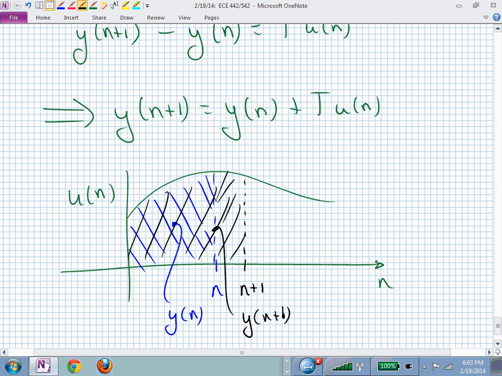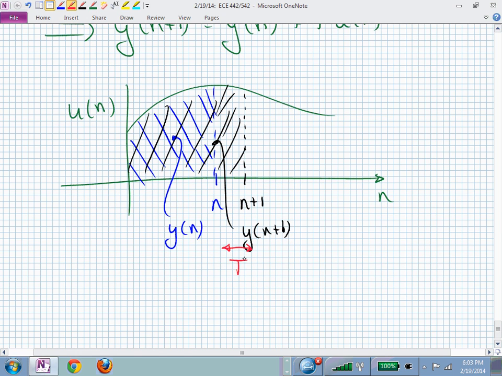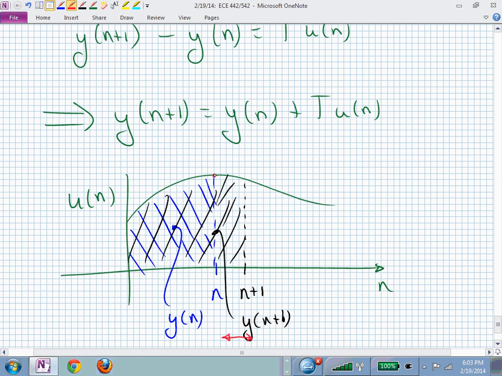This is now our interval of time, this is t, and this point is u of n. Now we just multiply little u of n times t. That gives us the area of that rectangle, and that little sliver gets added on to y of n to produce y of n plus 1. So we're really just adding up or finding the area under that curve u of n.